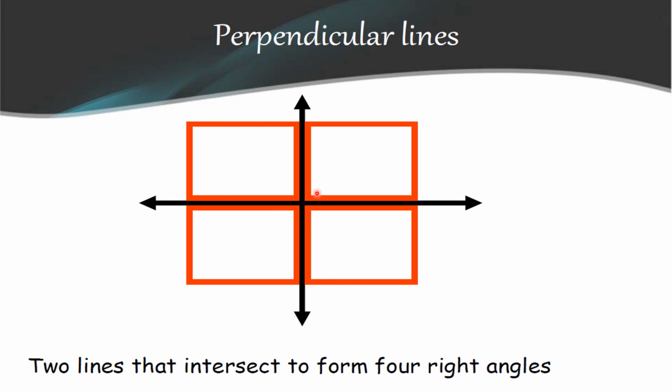Previously I told you, if two lines are crossing each other at a point, then four angles will be formed. Here these four angles are right angles. Then the two lines are said to be perpendicular lines. Okay, my children, understood what is meant by perpendicular lines?